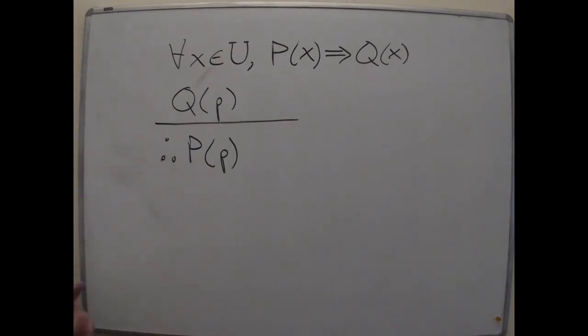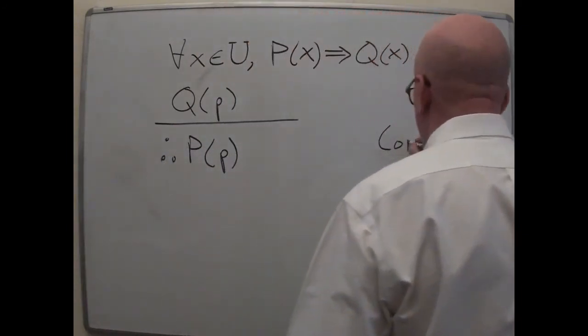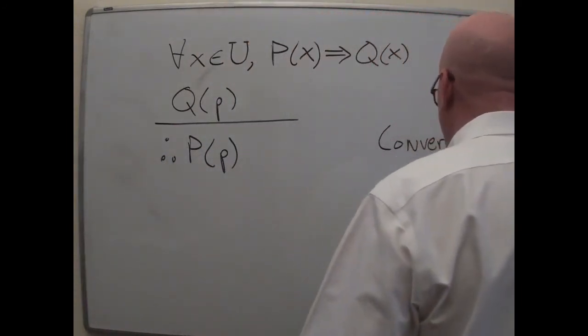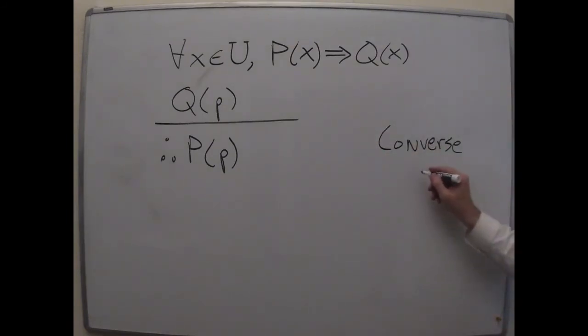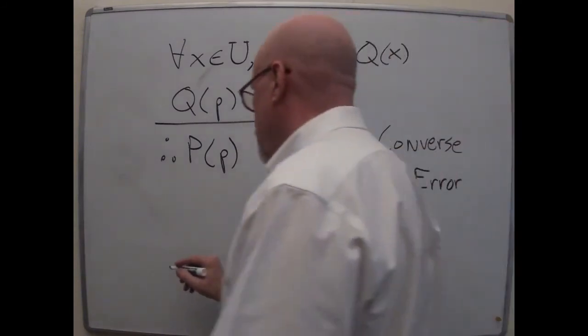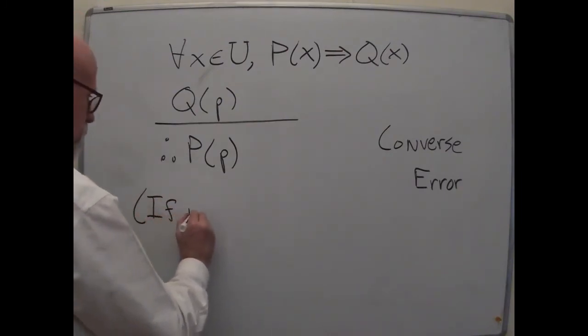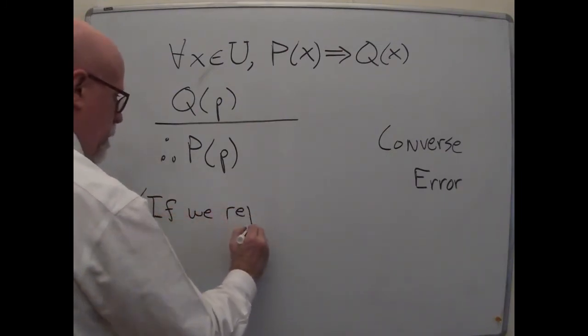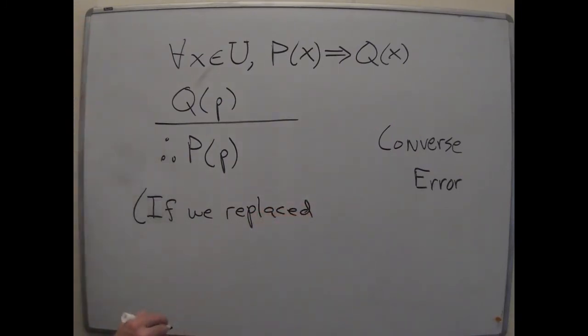How could we fix this? This is the converse error, and here's why. If you took the converse of the universal conditional sentence up front, you would end up with modus ponens. Let me just write that out because it's kind of important how you identify the errors.